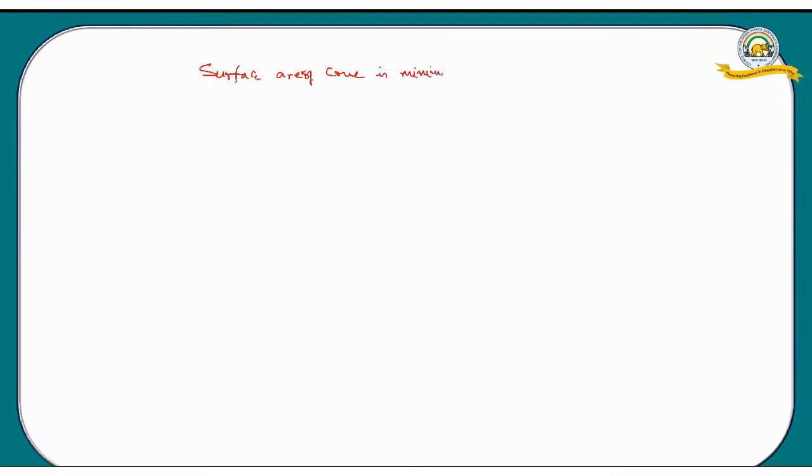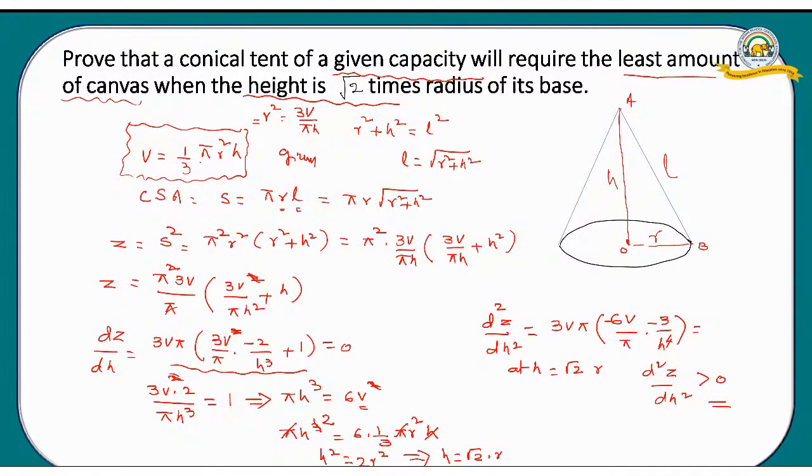Surface area of cone is minimum means what? We need the least amount of canvas. So when h is equal to √2 times of r. If you see the question, prove that the conical tent of a given capacity will require the least amount of canvas when height is equal to √2 times of radius of its base.